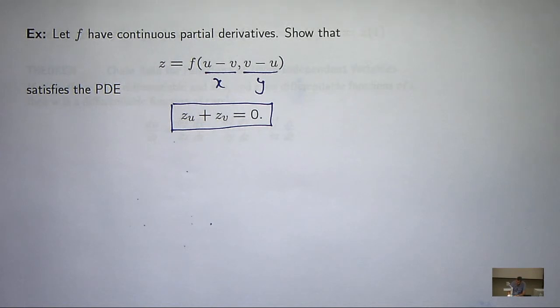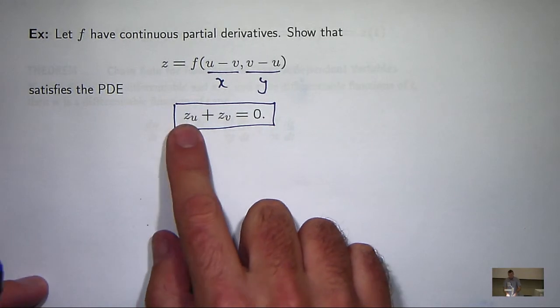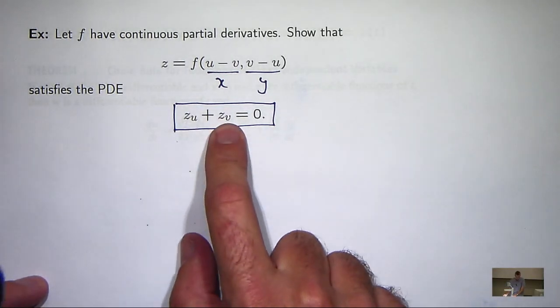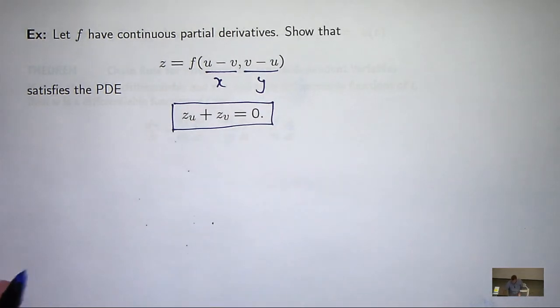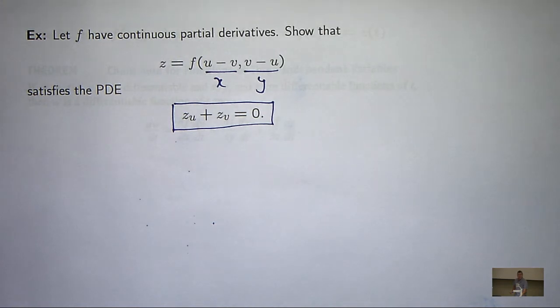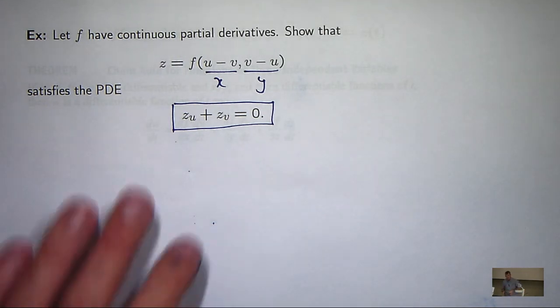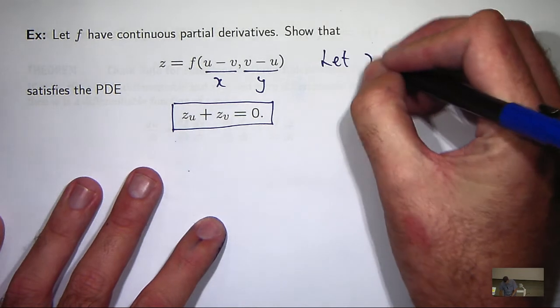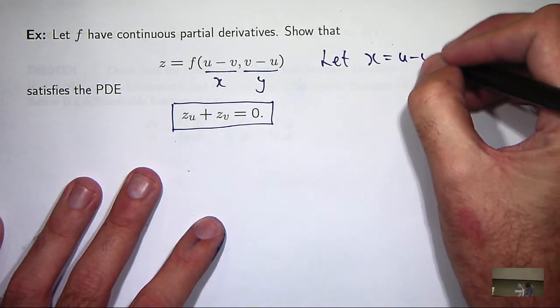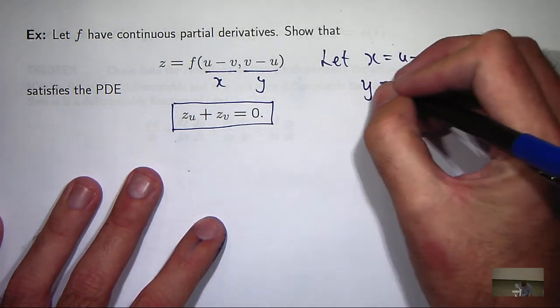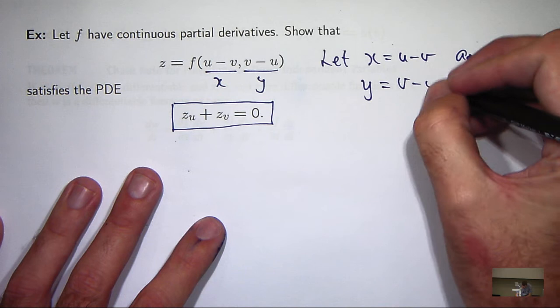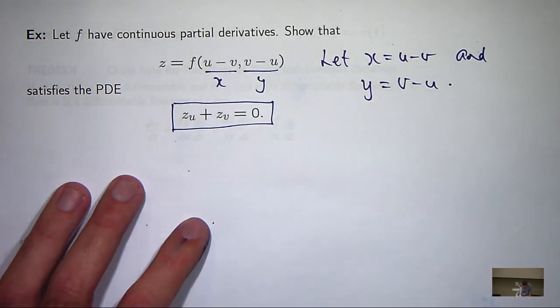And then I'm going to show that the equation holds, or the equation balances. I'm going to introduce these intermediate variables just to keep things simple. Let's draw our diagram, and then we can formulate our chain rule. f, in this case, will depend on x and y, and x depends on u and v, and y depends on u and v.